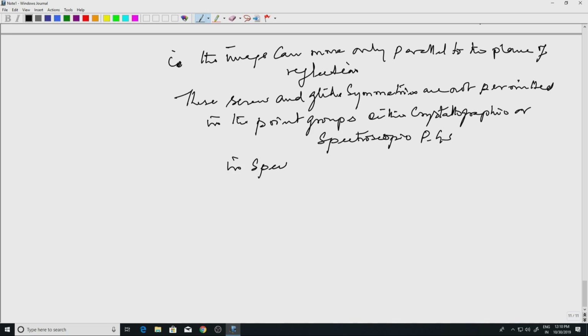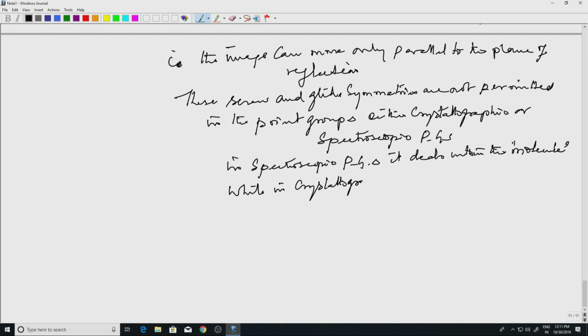In spectroscopic point groups, it deals within the molecule, while in crystallography the point groups operating between the molecule.